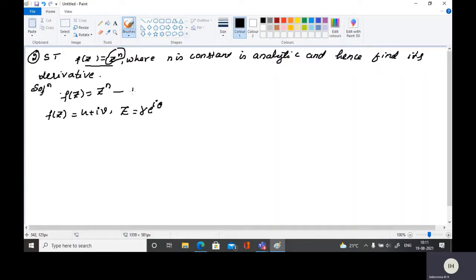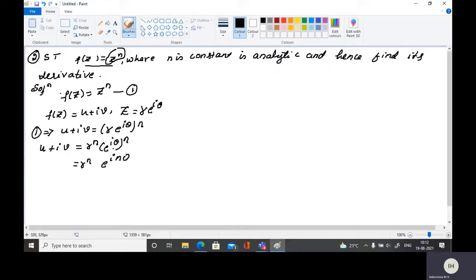Therefore now equation 1 becomes f of z. f of z is nothing but u plus iv is equal to z power n. z is r e power i theta whole to the power of n. Now simplification: u plus iv is equal to r to the power of n, e power i theta whole to the power of n, which is equal to r power n, and it can be written as e power i n theta.